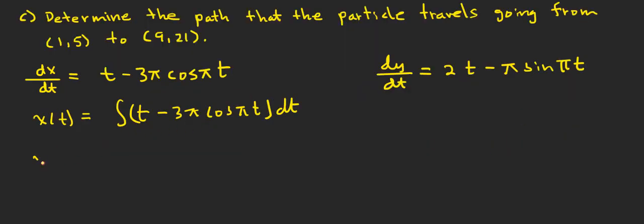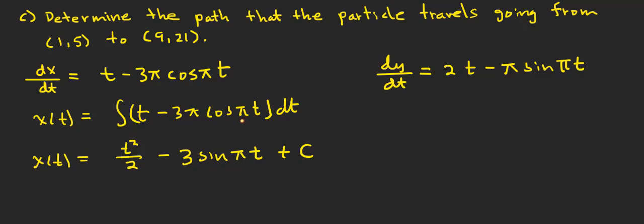So when you take the antiderivative, you're going to get t squared over 2 minus 3 sine of pi t plus c. Notice, you probably have to use u-substitution, or you could just get the antiderivative right away. When you take the derivative of negative 3 sine pi t, you are going to get negative 3 pi cosine of pi t.